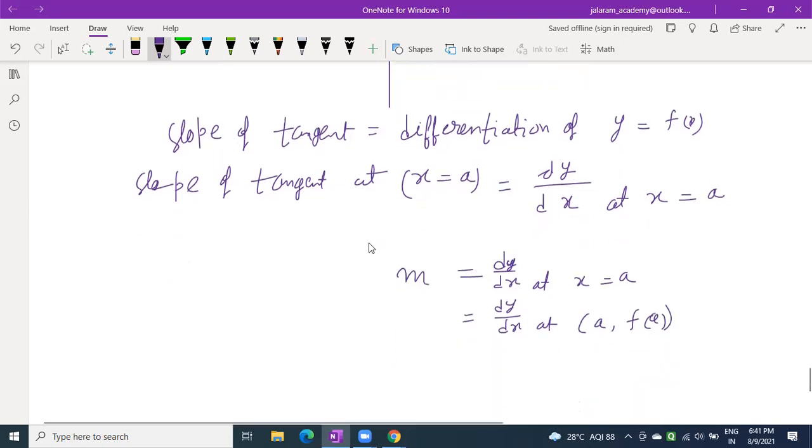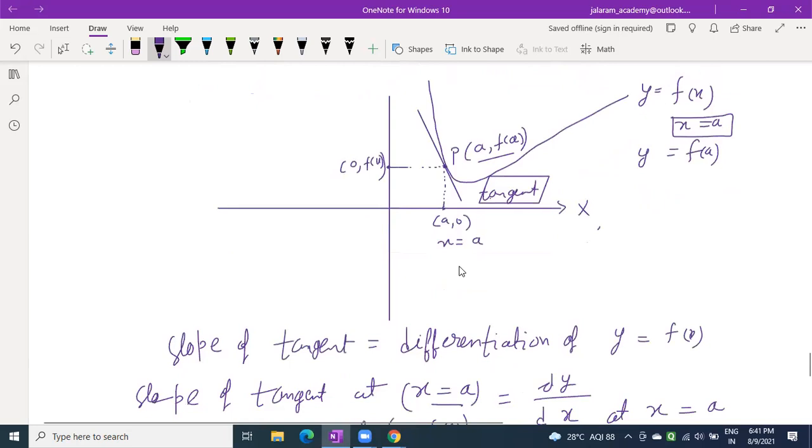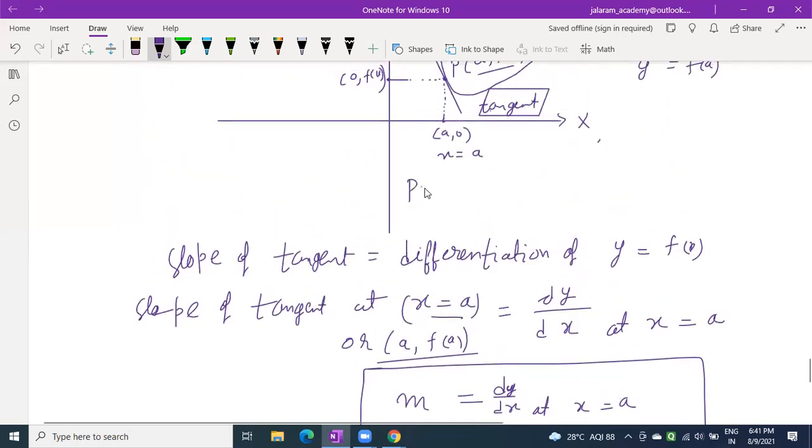So this is the slope of the tangent at A comma f(A). We can also say the slope of the tangent at x equals A, or at A comma f(A), where A comma f(A) is the point of contact. Is that clear to you? Yes. The point of contact is equal to A comma f(A).